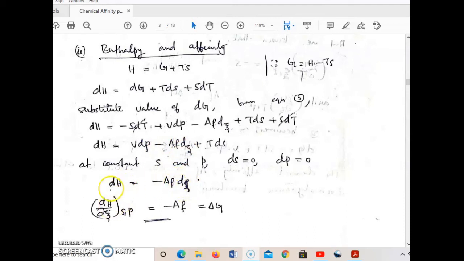Taking this d theta term on the left side, we get dou H by dou theta at constant entropy and pressure is equal to minus AF, minus chemical affinity, which is equal to delta G. So the rate of change of enthalpy with extent of reaction at constant entropy and pressure is equal to minus AF, which in turn is equal to delta G.